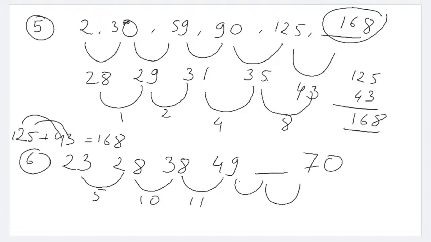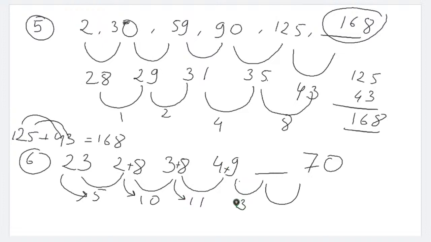But this 5 is nothing but 2 plus 3. If I add the digits of 23, it becomes 2 plus 3, that is 5. If I do 2 plus 8, it becomes 10. If I do 3 plus 8, it becomes 11. Similarly, if I do 4 plus 9, it becomes 13.